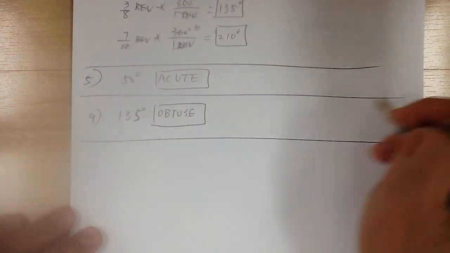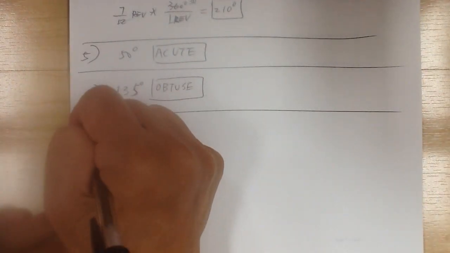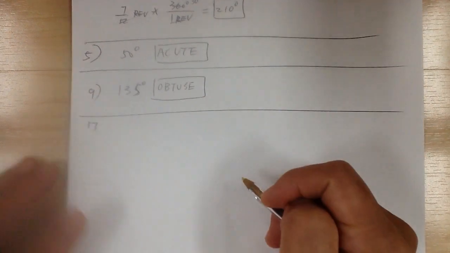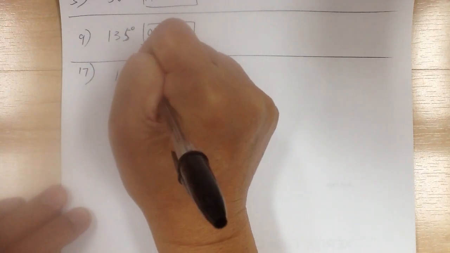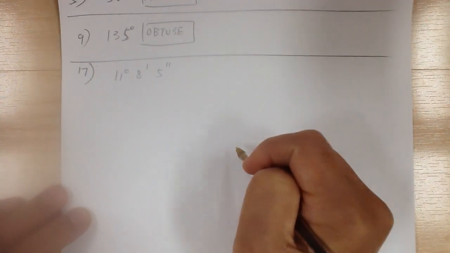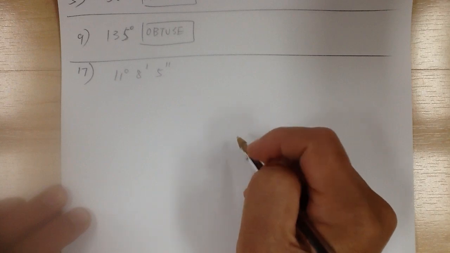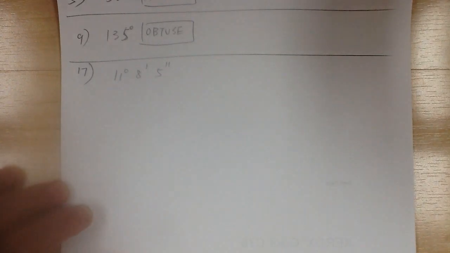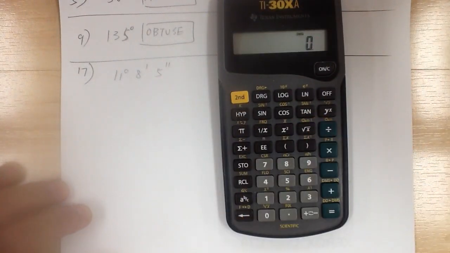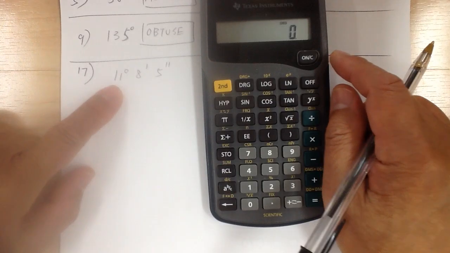Okay, next one, let's go to 17. You have 11 degrees, 8 minutes, 5 seconds, and you want to convert into decimal degrees to 3 decimal places. Because now you're allowed to use the calculator, you can do this much quicker.